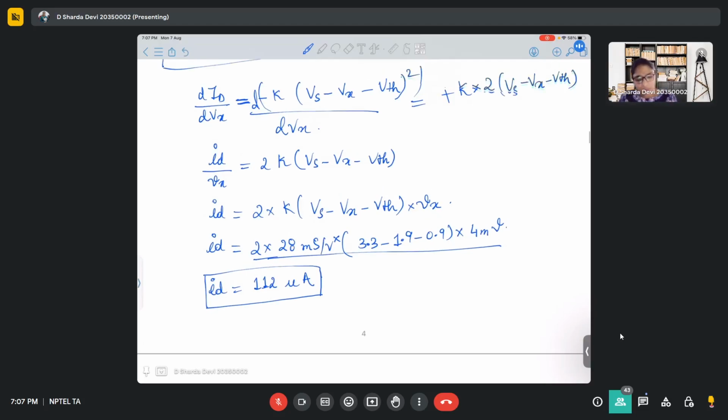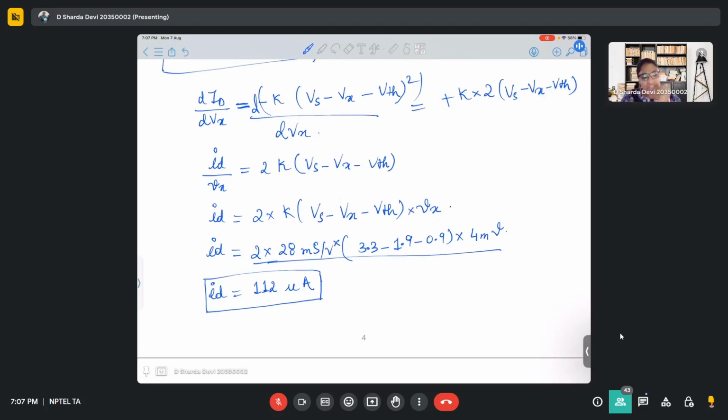Now, one more thing. What does change in ID by change in VD mean? So what does change in I versus change in V mean? This term, what is this? It's GM, conductance, which is opposite of resistance.